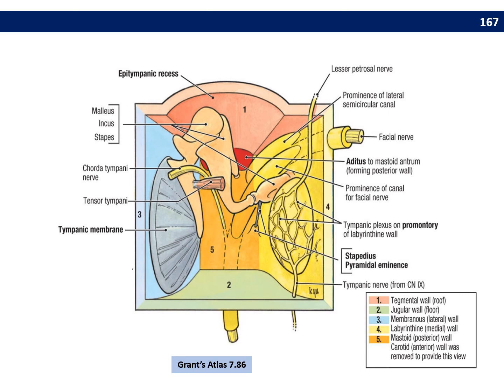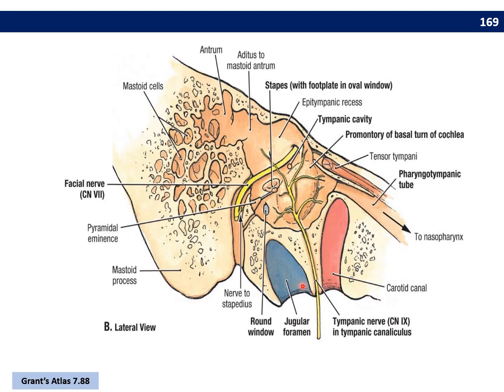Here's that picture again, and I want you to appreciate in this next picture, here's that carotid canal. In the previous view, this was the wall that had been removed so we could see the inner ear. But here, this is a different view where you can see that anterior wall, which contains the carotid canal and the pharyngotympanic tube, which leads to the nasopharynx, as well as the bony canal that houses the tensor tympani, which comes through the middle ear and acts on the malleus at the tympanic membrane.